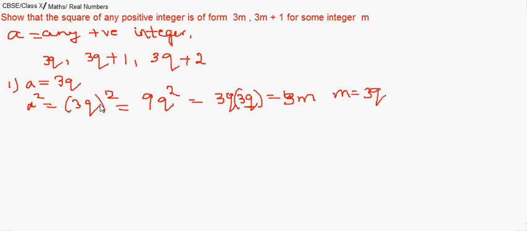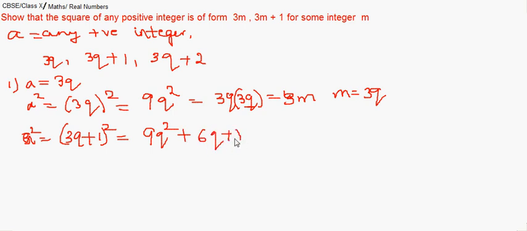Now the second option available is again a square. In this case it is 3q plus 1 whole square. If I open it, I get 9q square plus 6q plus 1. Again I take 3q common.